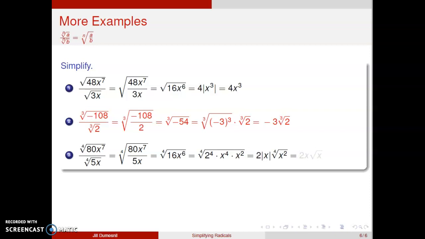However, looking back at the original problem, we can see that x had to be greater than or equal to 0 since x is under an even-indexed radical. So we could drop the absolute value on x. In addition, using rational exponents, we notice that the fourth root of x squared is x to the 2 over 4 power, which is x to the 1/2 power, which is the square root of x. So our simplified answer is 2x times the square root of x.